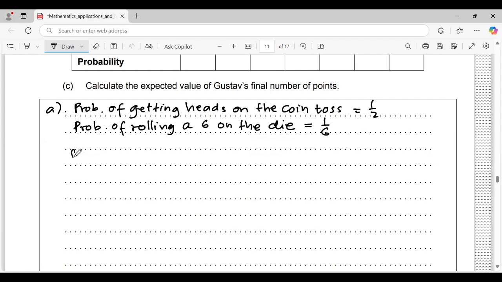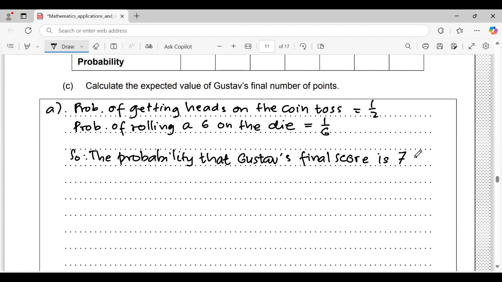So the probability that Gustav's final score is 7 is, I'm going to write it here, probability final score is 7 is half times 1 over 6. It is 1 over 12.